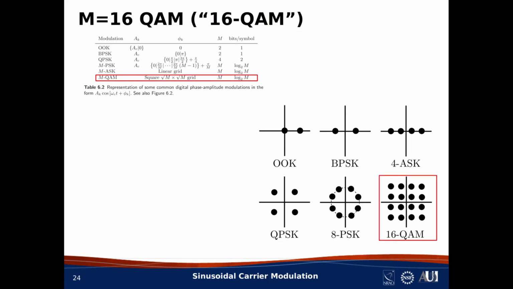Another phase-amplitude digital modulation I'll mention is M equals 16 quadrature amplitude modulation, which is commonly called 16 QAM. In 16 QAM, you use both the amplitude and phase to define 16 symbols, as shown in the constellation diagram. With 16 symbols, you can send log base 2 of 16 bits at a time.